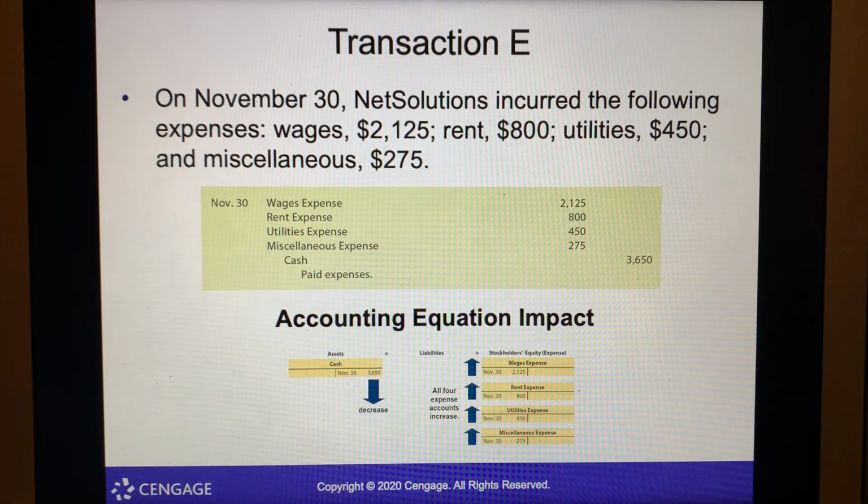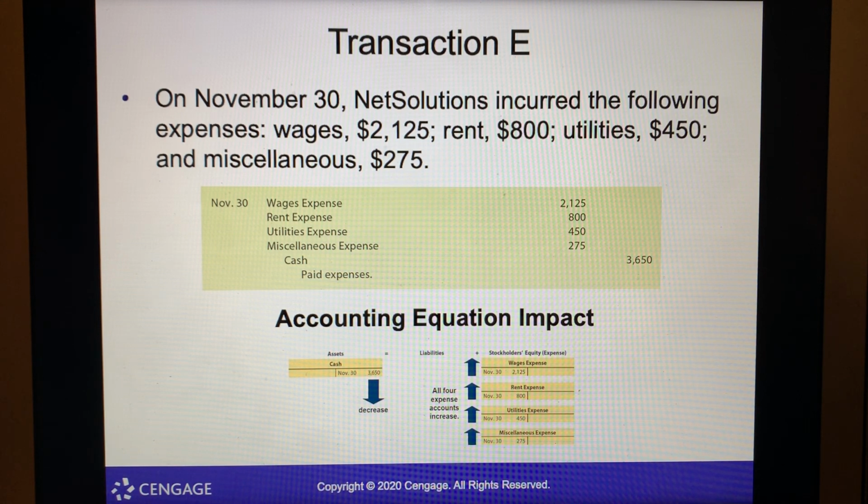Transaction E, incurred the following expenses: wages $2,125, rent $800, utilities $450, and miscellaneous expenses of $275. So on your expenses, all you're doing is accumulating expenses in these particular accounts. November 30th, this all happened on the same day, and you paid cash of $3,650.